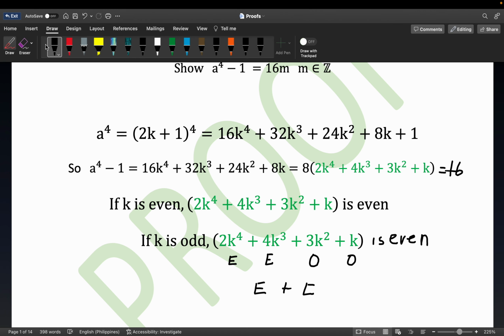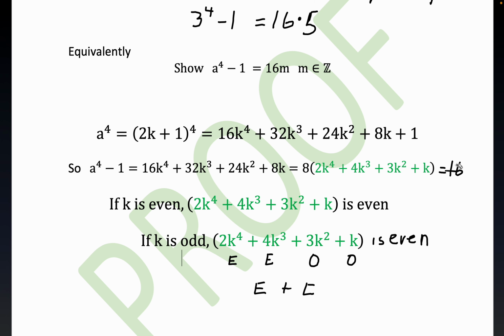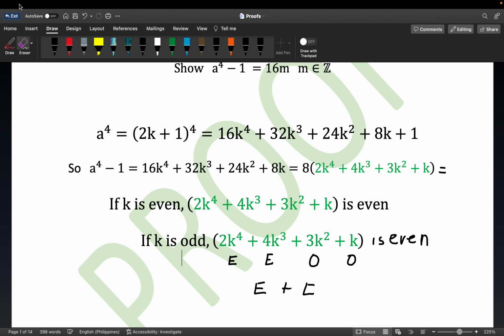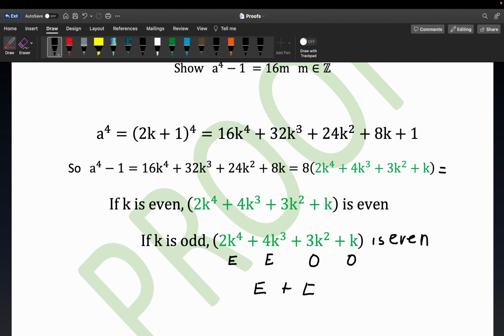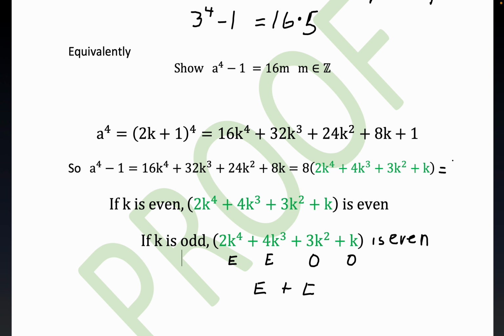Whoops, that's a little messy looking. Okay, so this would be equal to 16m, and we've completed the proof. Okay, at this point we can say we have done this. We started with a to the fourth minus 1, showed that it's equal to 16m, and so right here we can put a QED if you want to.